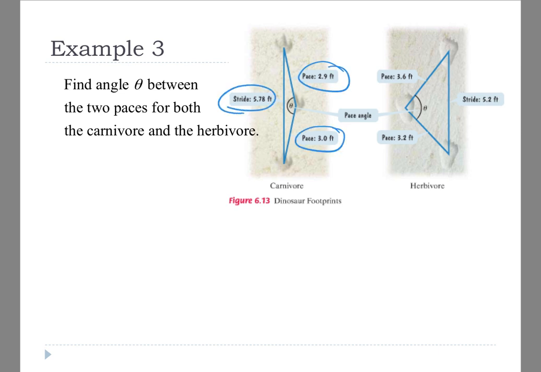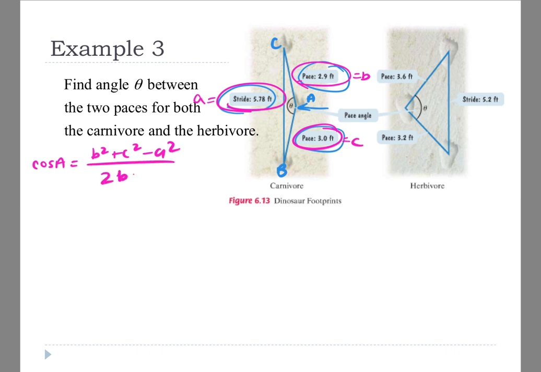So if I want to find the angle here, I could label this A, B, C, it doesn't matter. I could also just call it X because all I need is the side opposite to be the letter that matches. So if this is A, this is B, and this is C, then the cosine of A equals B squared plus C squared minus A squared over 2BC.